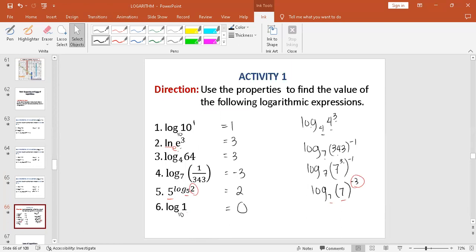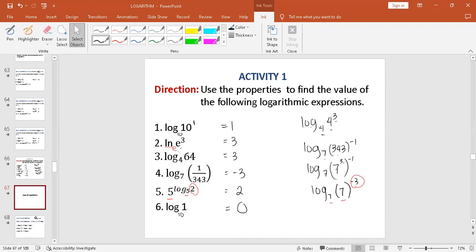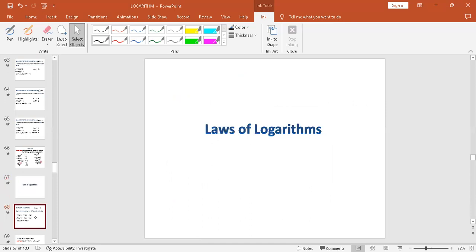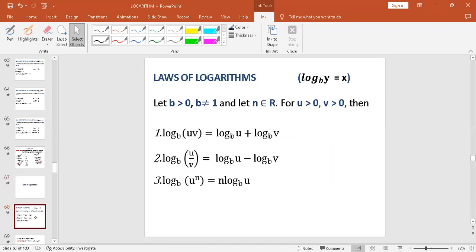Alright? So those are the 3 properties of logarithms. We go now to the laws of logarithms. So there are 3 laws of logarithms here.